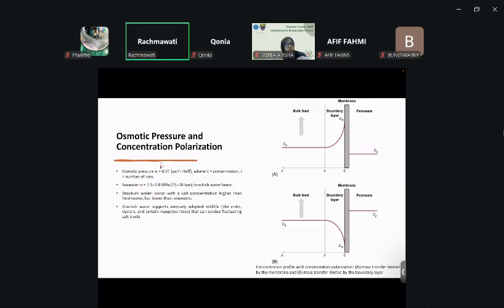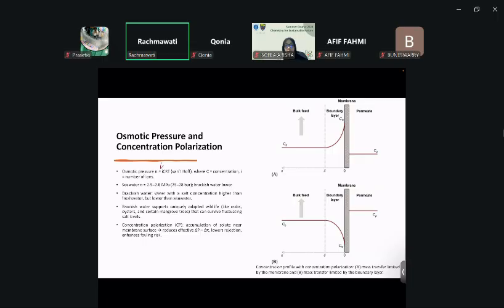The brackish water itself supports uniquely adapted wildlife like crabs, oysters, and certain mangrove trees, which can survive fluctuating salt levels. So it has higher salinity compared to freshwater, but still lower than seawater.